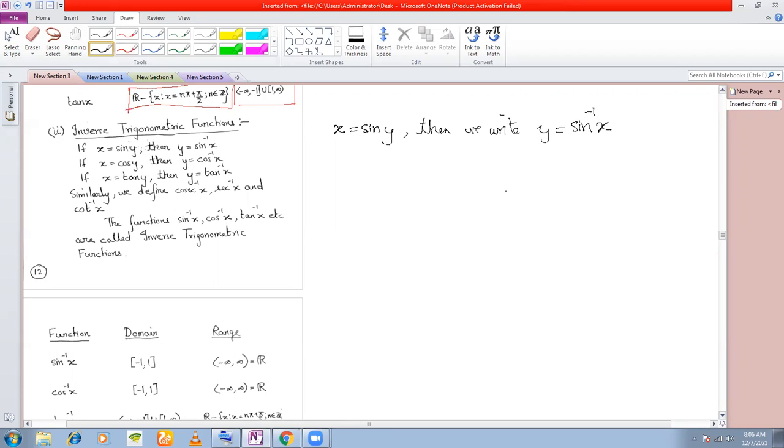Now an example can be, you know that sine pi by 6 is half, right? So half is equal to sine pi by 6. That means if you want to write this as an inverse circular function, you can write pi by 6 is equal to sine inverse half.